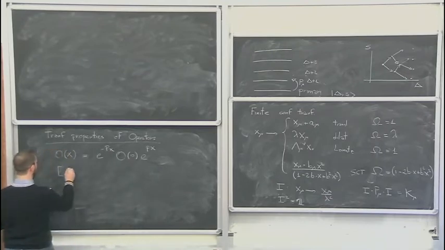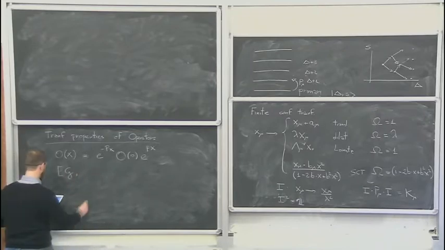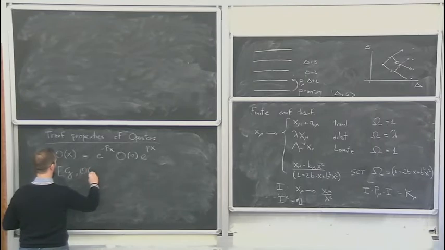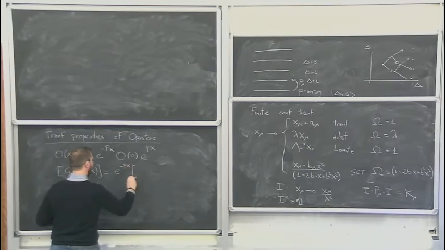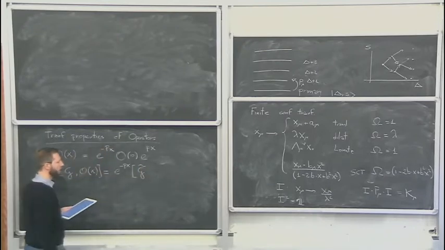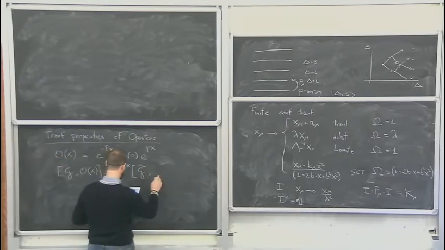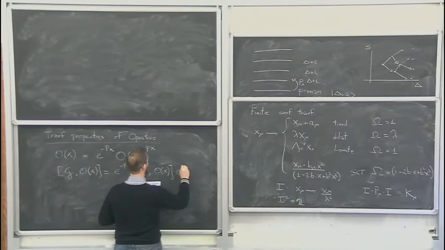And the reason is that if you have a generator of a given symmetry G, and you take the commutation relation with O(x), this can be written in terms of e to the minus px, the commutation relation of a new generator, G twiddle, which I will define in a second, with the same operator, but now inserted at 0, and then e to the px.